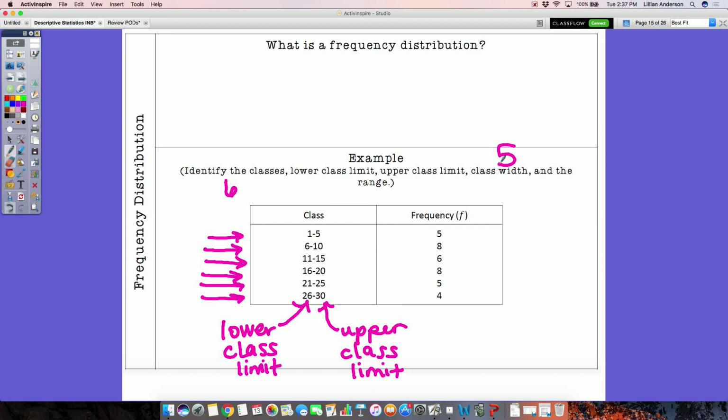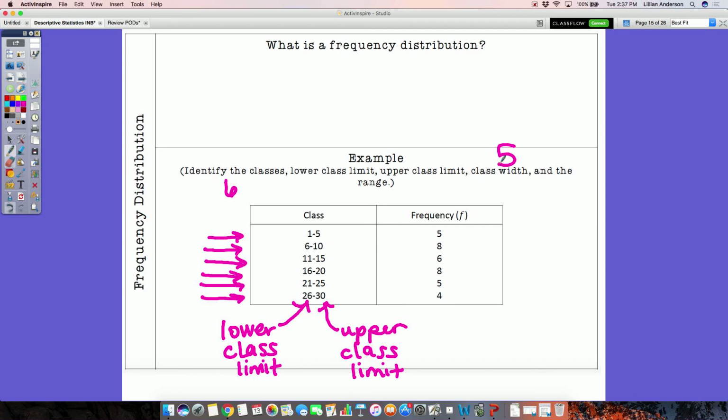And the last one is range. Second period knew this, so I'm pretty sure that you guys know this too. This goes back to your days of statistics in elementary school. Range. What is that? It is the highest minus the lowest, but you have to be more specific.